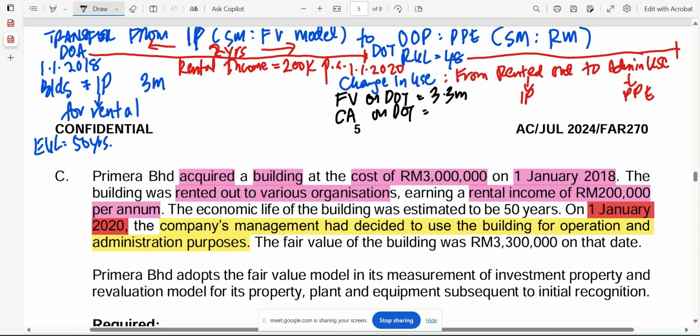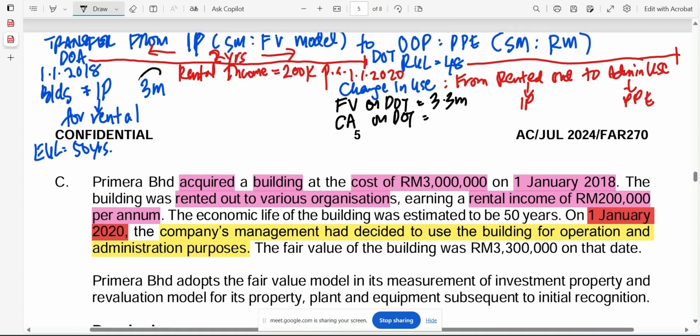You have no information regarding what happened with this 3 million, but you should understand that when it was an IP, there was no depreciation. So the 3 million will still remain the same as at 1st of January 2020. This is the date of transfer, the one with the triangle sign. So the previous carrying amount of 3 million is now the carrying amount on the date of transfer.